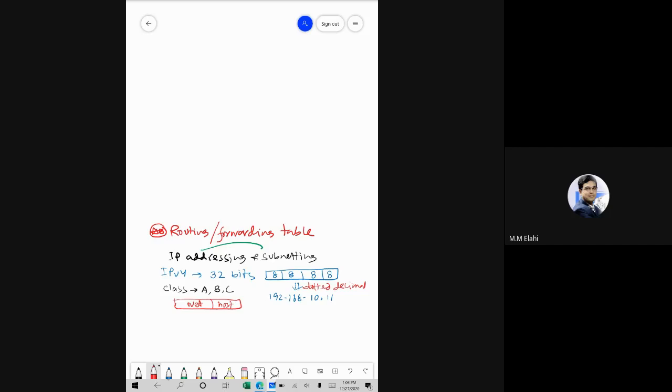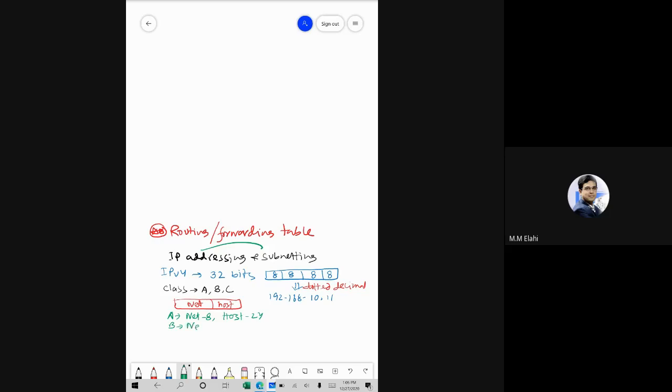In class A, the number of network bits will be 8 and the number of host bits will be 24. For class B, those who did not do network lab, you have to review this from the book.